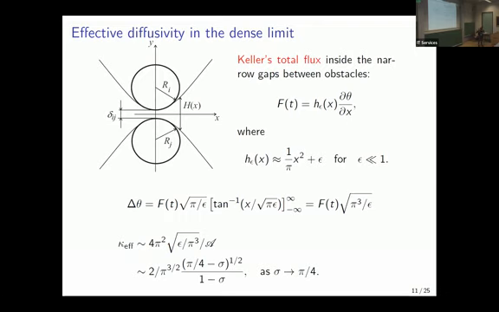He says that away from the gaps, so inside the voids in between those obstacles, the concentration is nearly uniform, so well mixed. And all the action takes place in the narrow gaps between the obstacles. And further on, that the gradient of the concentration is unidirectional and uniform across the gap. And so the total flux has this kind of form.